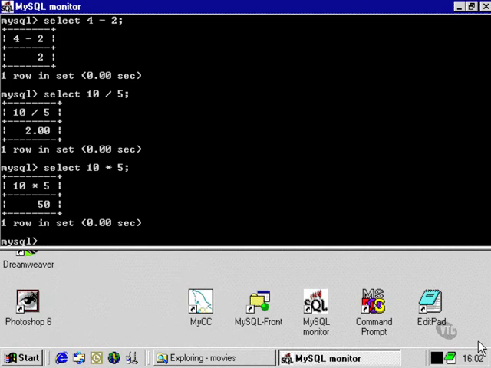There is one final arithmetic operator with which you may not be so familiar. That's the modulus operator. Now, for that we use the percent sign, but modulo does quite a different thing. It attempts to make an integer division and it returns the remainder.